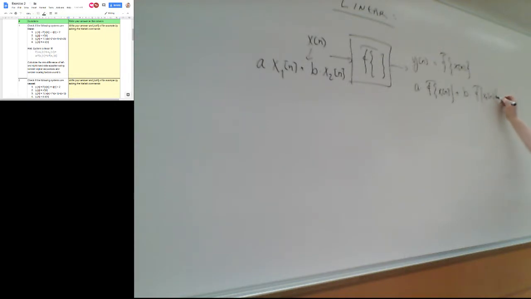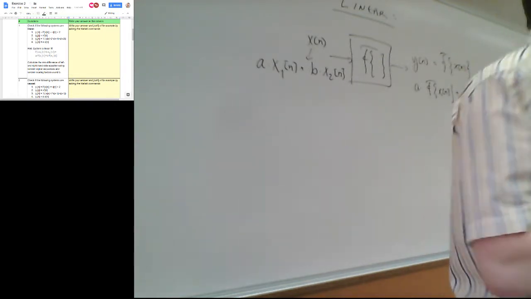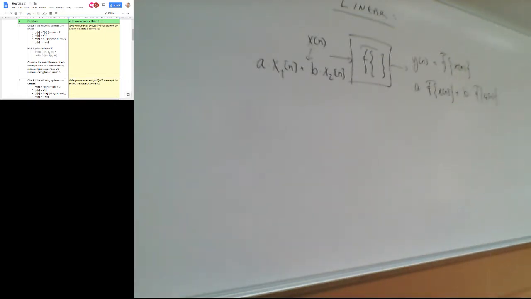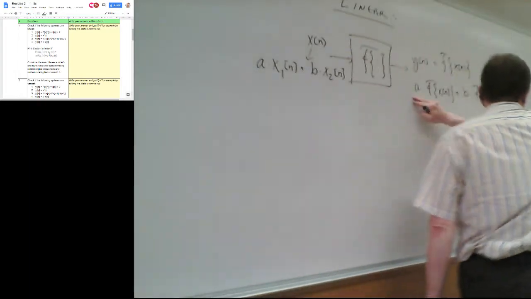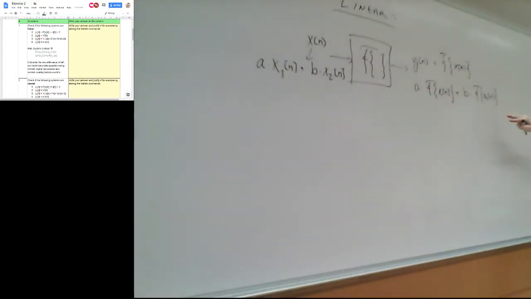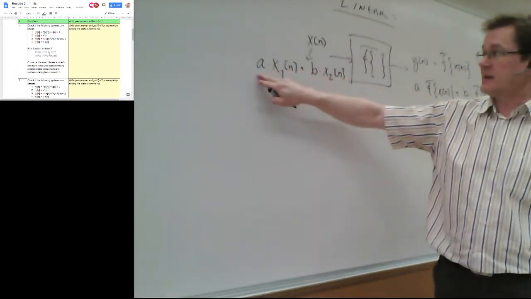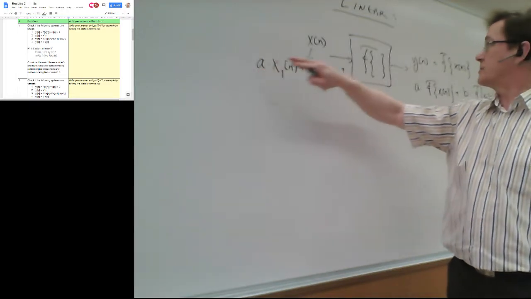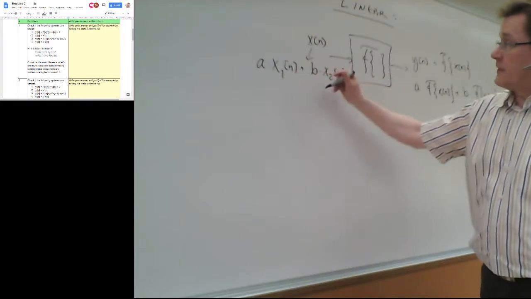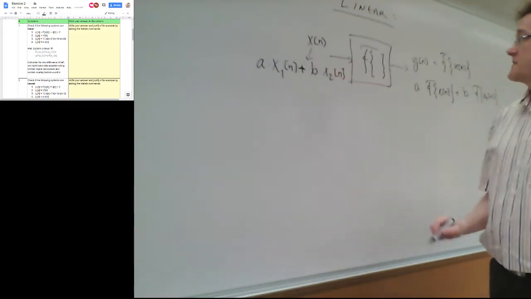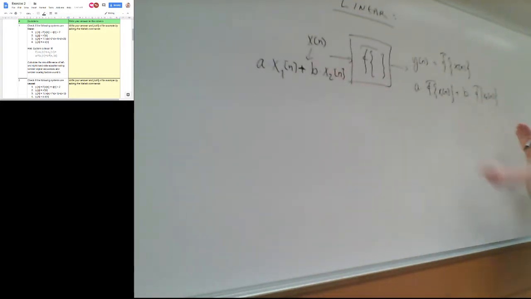So that's basically the definition of a linear system. You can take the scaling factor outside of this, and if there is a sum of signals, you can break the sum. Okay, good. So that's the linearity.